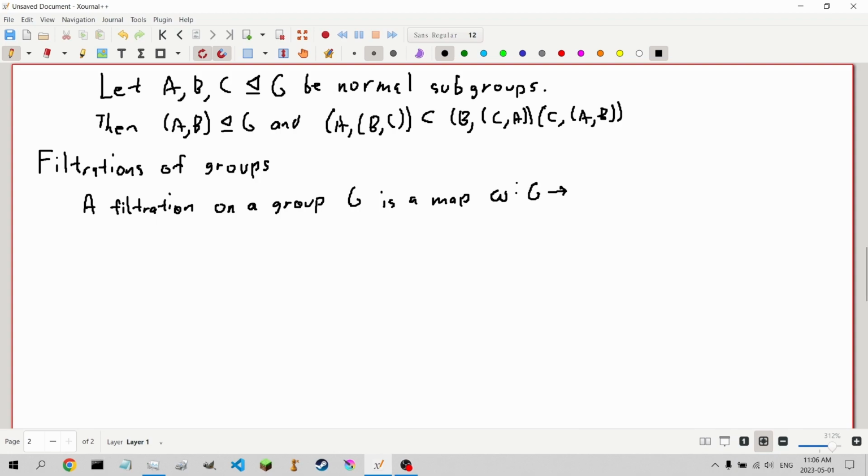This map's going to go from our group G to the real numbers and positive infinity, this extra element. And of course we're going to have some conditions on this.